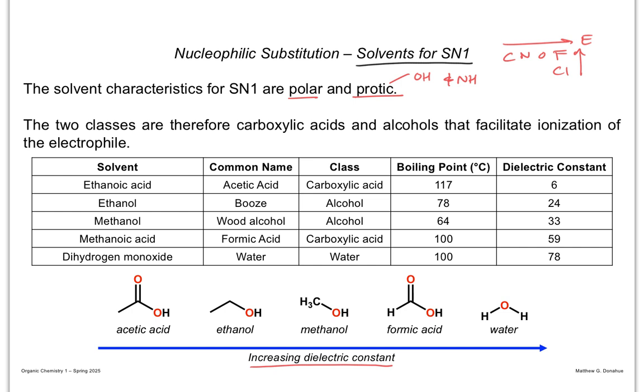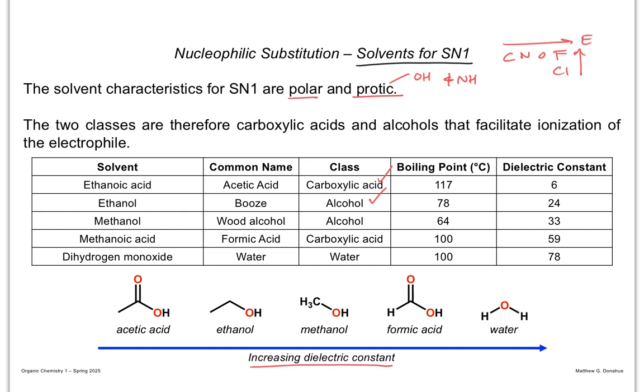The common name is acetic acid, ethanol, methanol, formic acid, and then water. So water has the highest dielectric constant. But the two main classes are carboxylic acids and alcohols. That's what we're going to use.